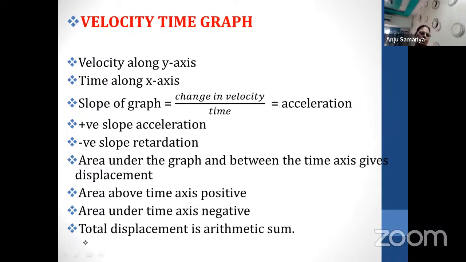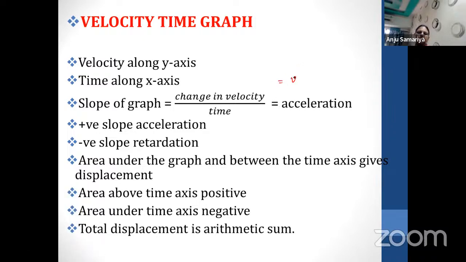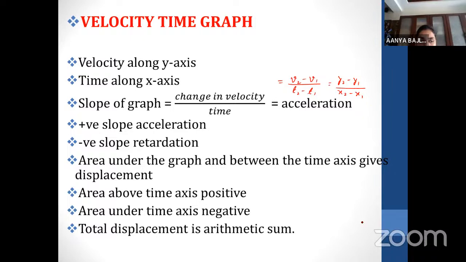V2 minus V1 upon T2 minus T1 is also equal to Y2 minus Y1 upon X2 minus X1. Same formula, but now the slope will give us the acceleration.